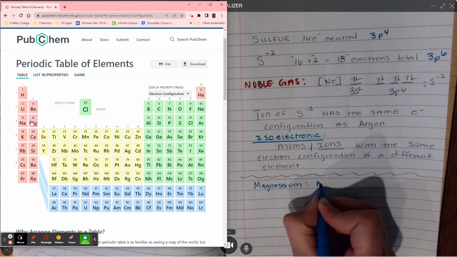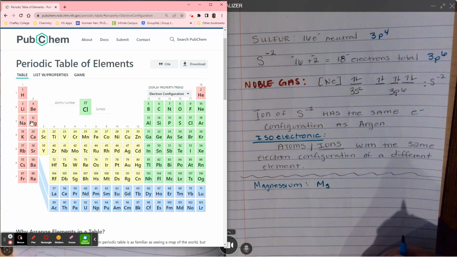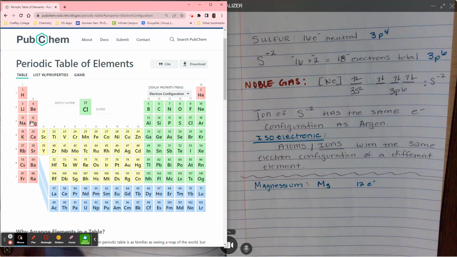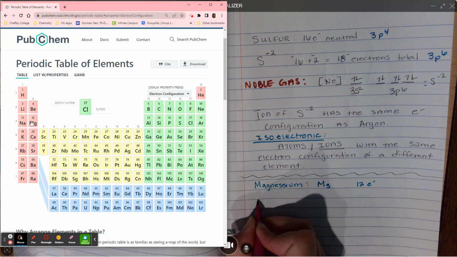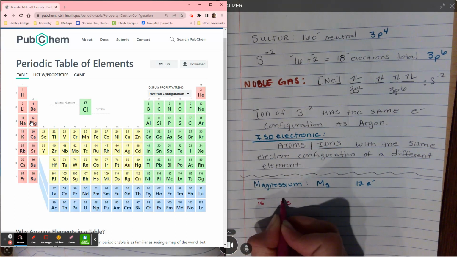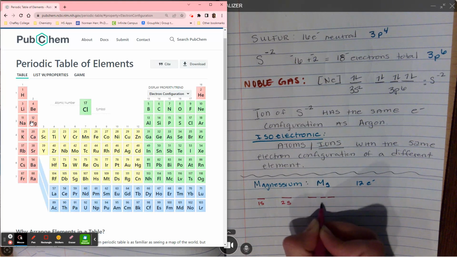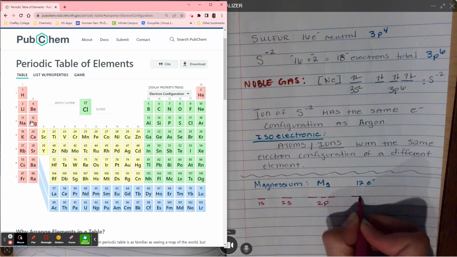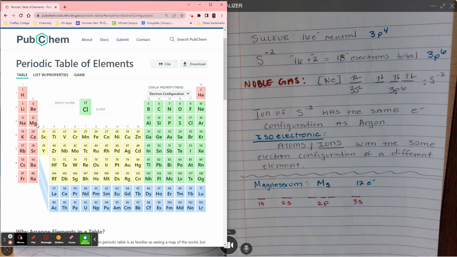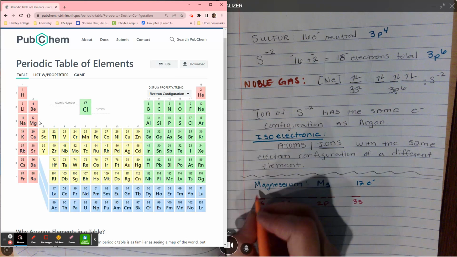This one's neutral, so it's just Mg, and magnesium has 12 electrons. Remember, we start with the 1s, the 2s, the 2p, and the 3s. That's where it stops, at the 3s, and I put in our electrons.